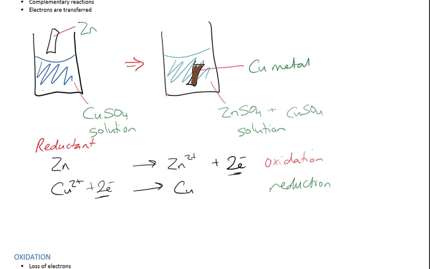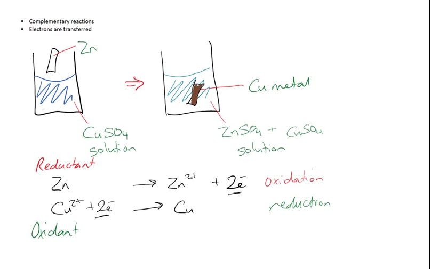So the copper 2+ ions are causing the oxidation of zinc. So we call the copper 2+ the oxidant, or you could actually say that the copper sulfate is the oxidant. So copper 2+ is our oxidant and zinc is our reductant.